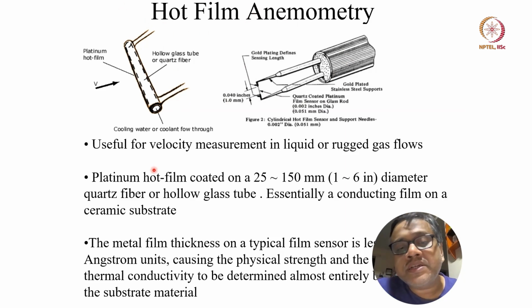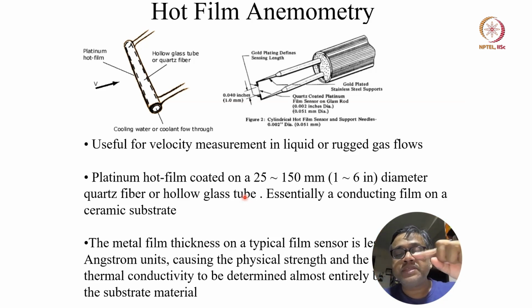It's like a wire, but you have a coating. So there is a film which is given on a particular glass or quartz. So this is very useful for velocity measurements in liquid or rugged gas flows, because as you saw, this will not break that easily. The platinum hot film is coated on a 25 to 150 mm diameter quartz fiber or hollow glass tube. So essentially you create a conducting film on a ceramic substrate. That's what you are doing.